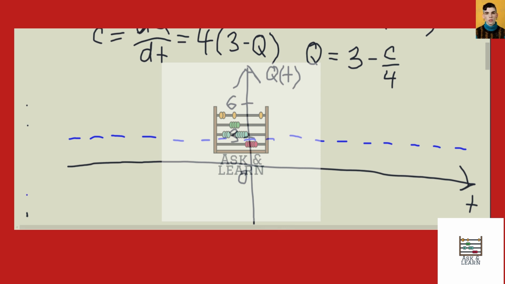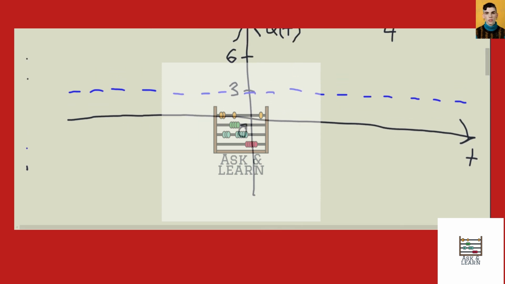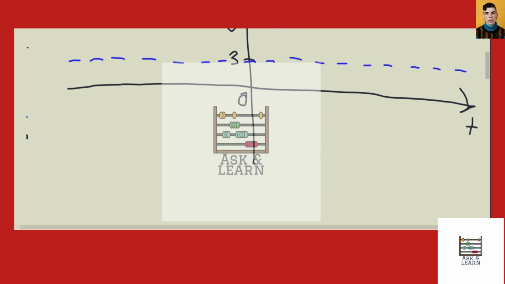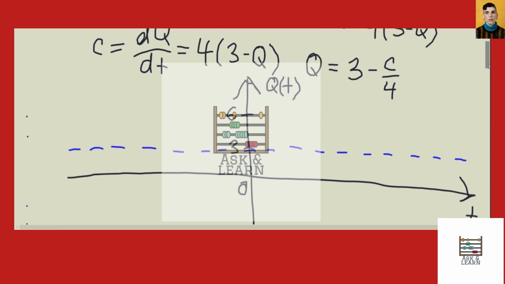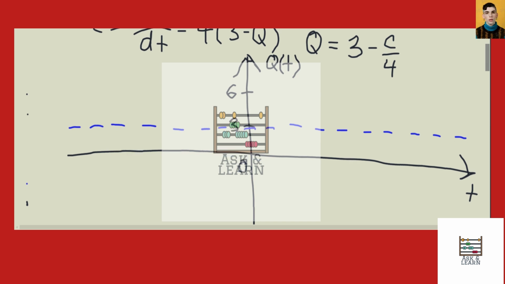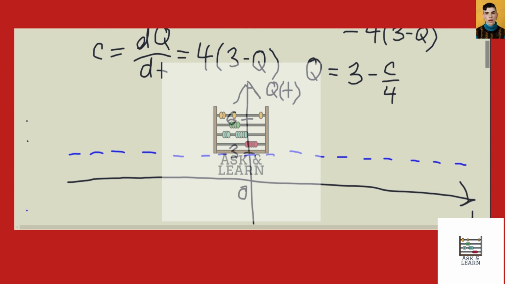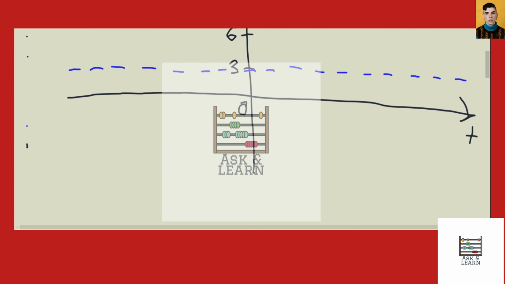As we go further and further below 3, our slopes are going to get steeper and steeper. In particular, at Q equals negative 1, we have C equals 16, and at Q equals 0, we have C equals 12. So it gets quite steep quite quickly.